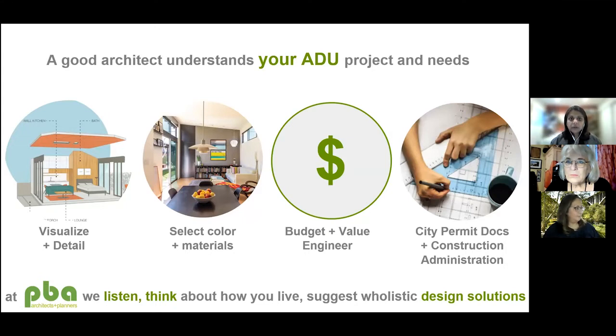So a good architect needs to understand your ADU project and how you live and how you want your ADU to function. A good architect should be able to visualize and detail the project well. They will help you select your colors, your materials, and your finishes. They should be able to help you arrive at a budget and stay within your budget and be able to value engineer.